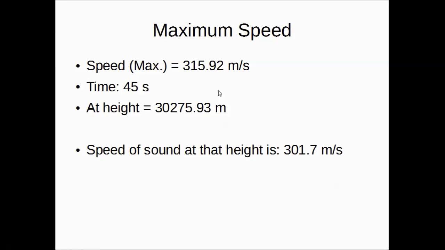The maximum speed was 315.92 meters per second, and the time that it took him to get to this speed was 45 seconds, and it happened at the height of 30,275.93 meters, and the speed of sound at that height is 301.7 meters per second. So he broke the sound barrier and became faster than the speed of sound at that height.